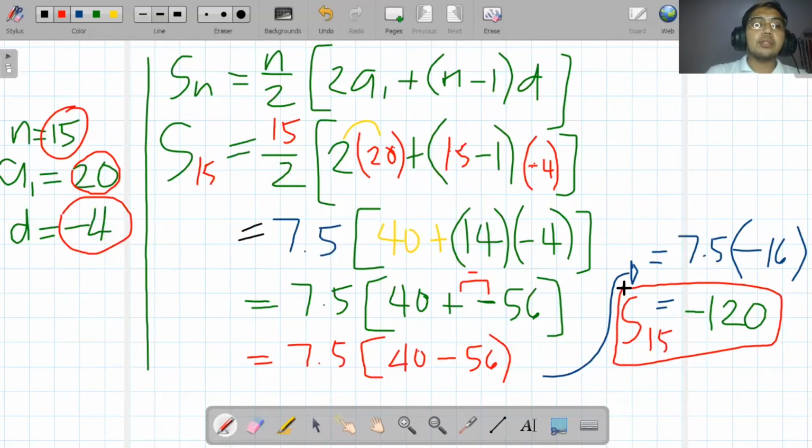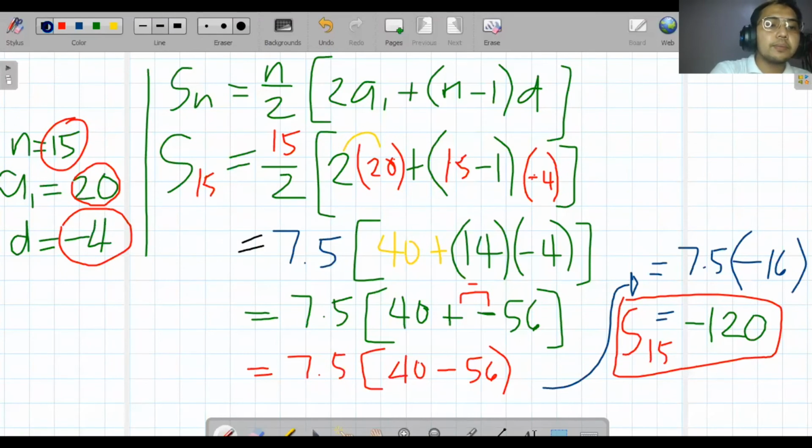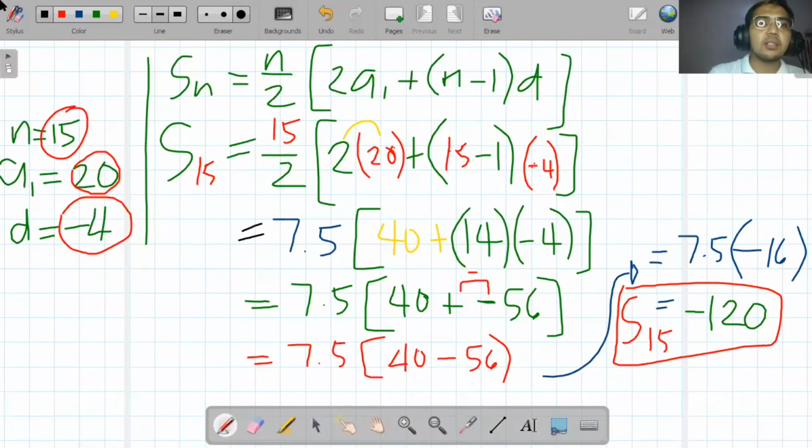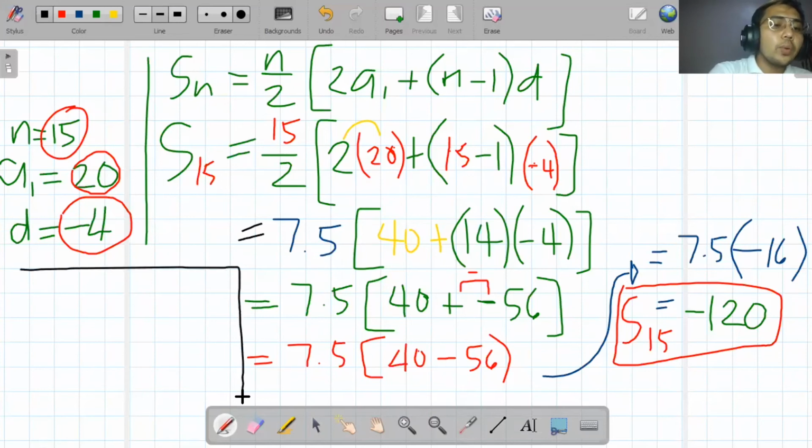So atong balikon, atong klaruhon diri ang given sa may ubos. Ang given ganiha kay 20, and then you have 16, there's also 12, and so on.